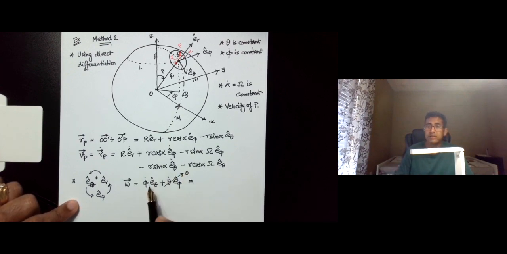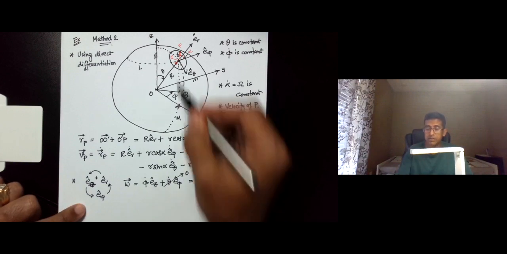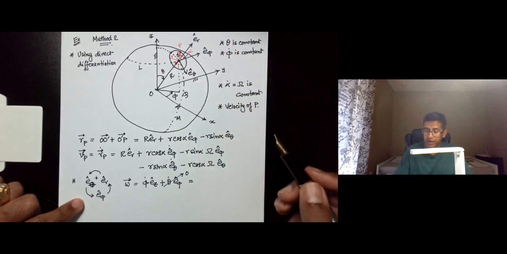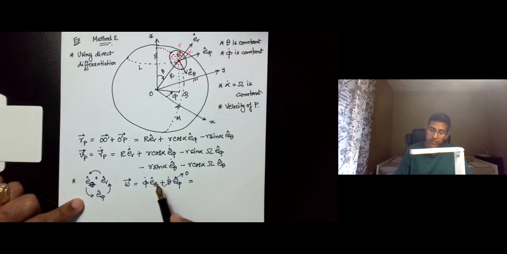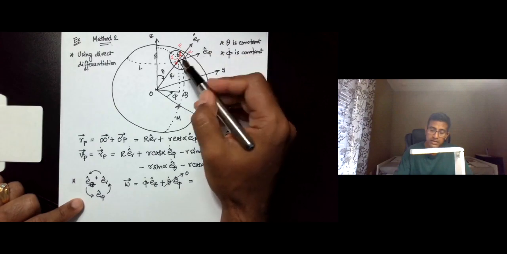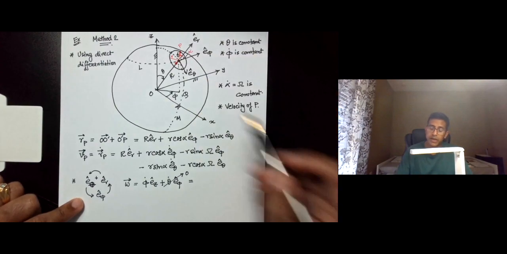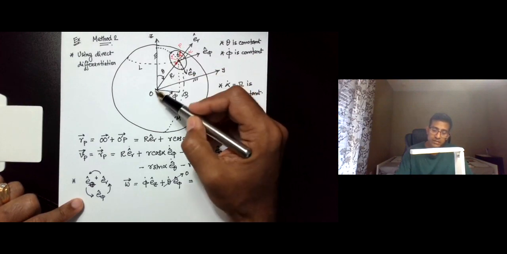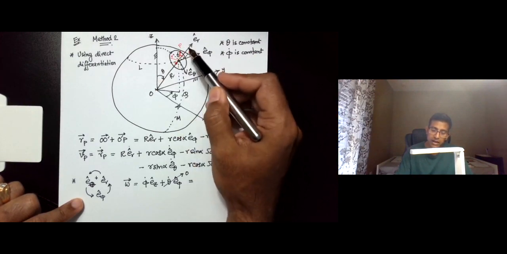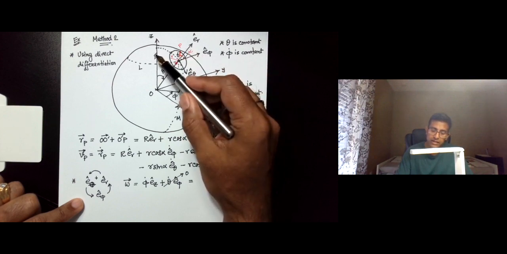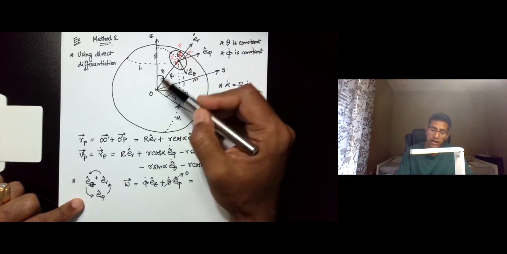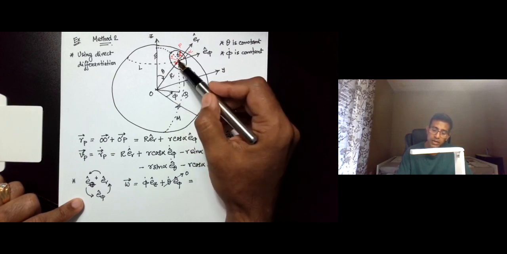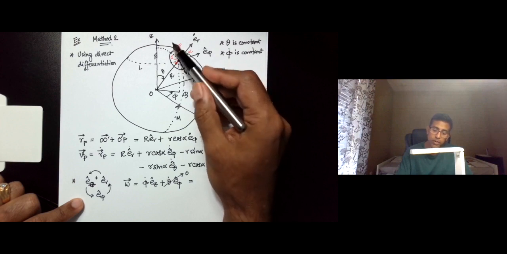Now the problem with this description is that Ez is not one of the vectors of the unit vector triad. So what we need to do is resolve this Ez and express Ez in terms of ER, E phi, E theta. Now that is pretty easy to do using the geometry here. We see that Ez is making an angle of theta with ER, and so if we take Ez cosine theta, we are along ER, and similarly if we take Ez sine theta, it is going to be along E theta but in the opposite direction.